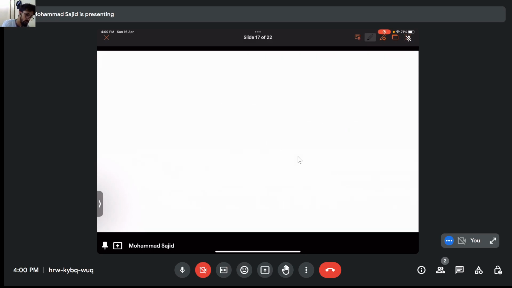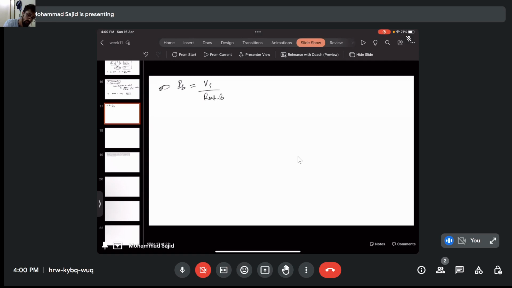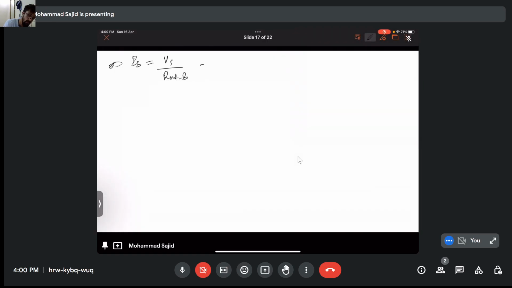So this means my I S will be equivalent to V S by R out D plus beta dash times, directly writing it, then plus my I S is R out D plus I in (1 plus A I times beta dash).